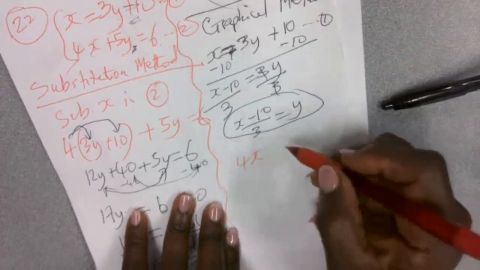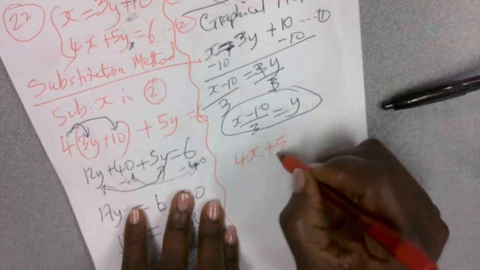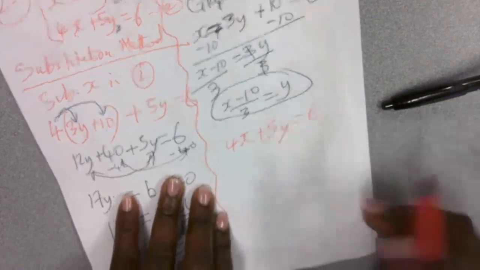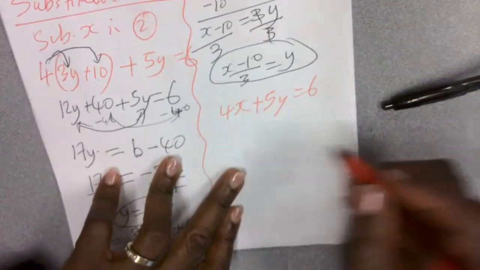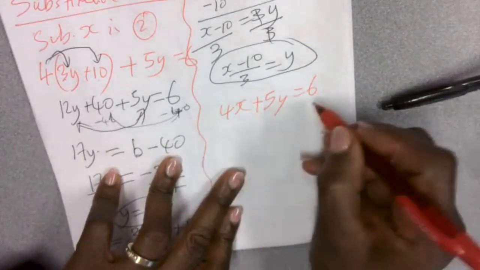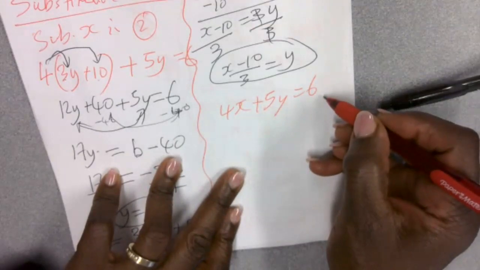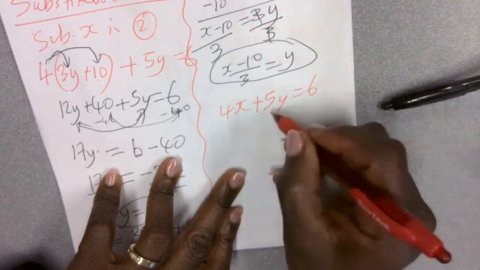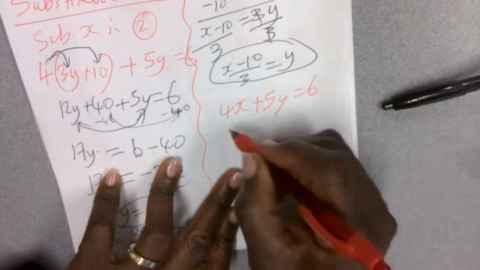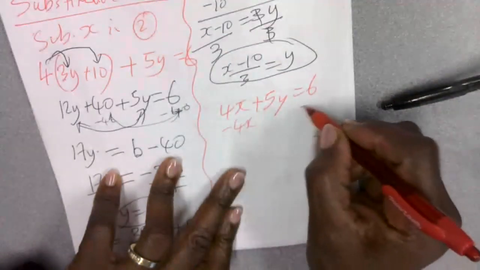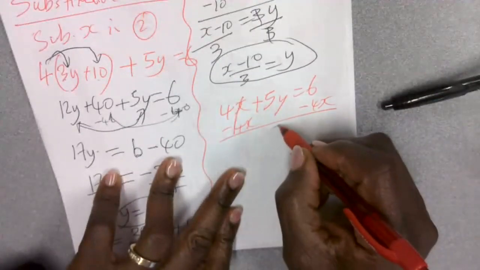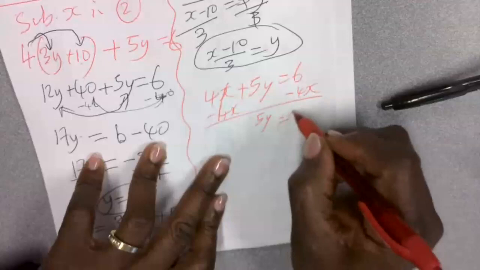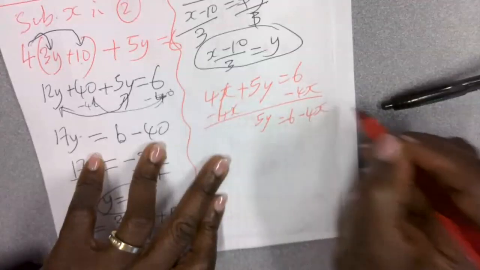And that is 4x plus 5y is equal to 6. I want to isolate y in equation 2, so I can let y be on the left-hand side. If I do that, I have minus 4x on both sides, and I have 5y is equal to 6 minus 4x.